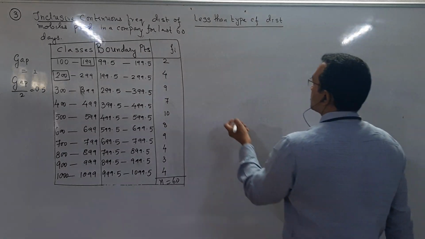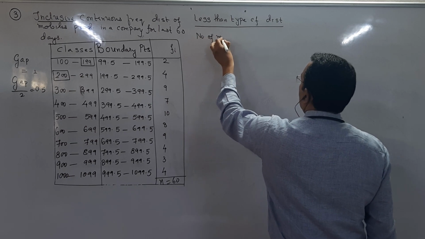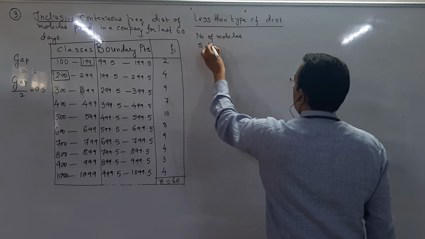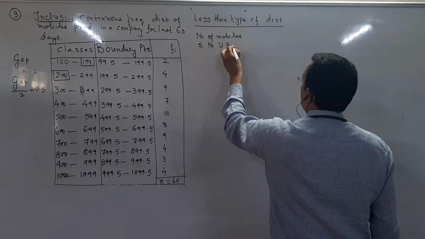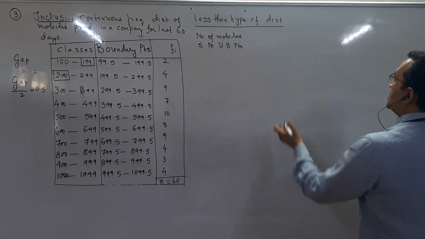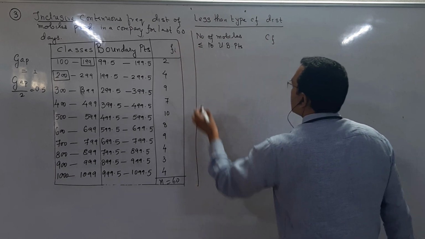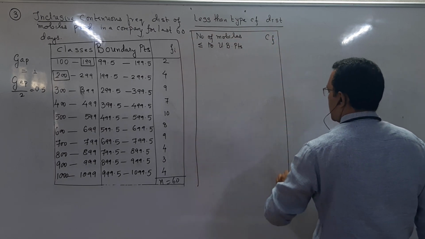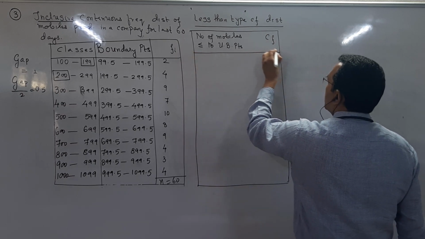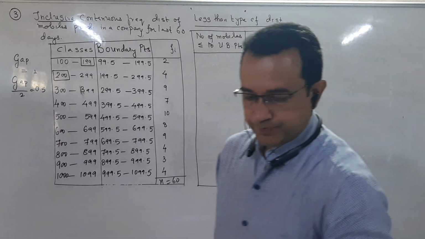Upper boundary point. So my first column, number of mobile phones less than or equal to upper boundary points. This is allowed, you can write in short. And the second column is corresponding CFI. Clear, students?